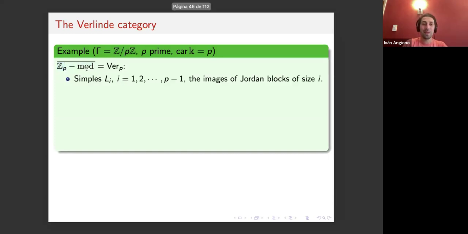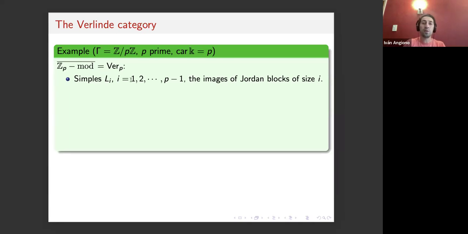Okay. What are the simple objects? As I said here, the indecomposable objects are the Jordan blocks of size up to p, Jordan blocks with eigenvalue 1, because t minus 1, where t is the action of the generator of Z_p, t minus 1 to the p should be the identity. So the size is up to p.